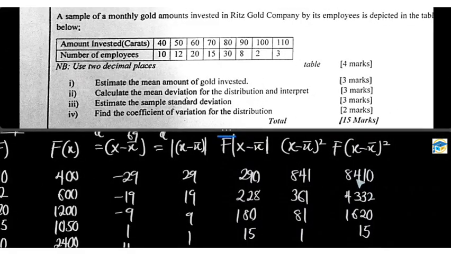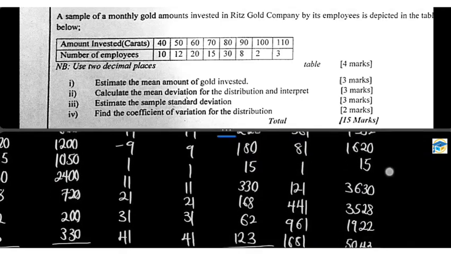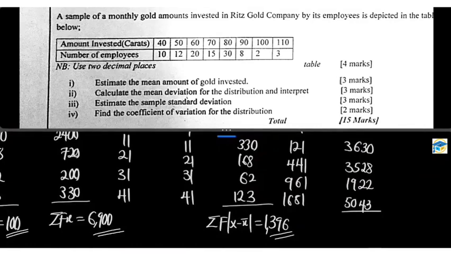So this then becomes the values for the column f into bracket x minus x bar all squared, right? So you have 841, 4332, 1620, 15, 3630, 3528, 1922, and then 5043.